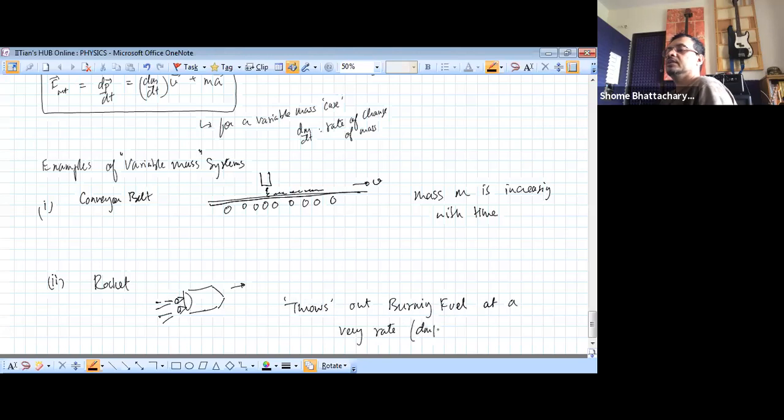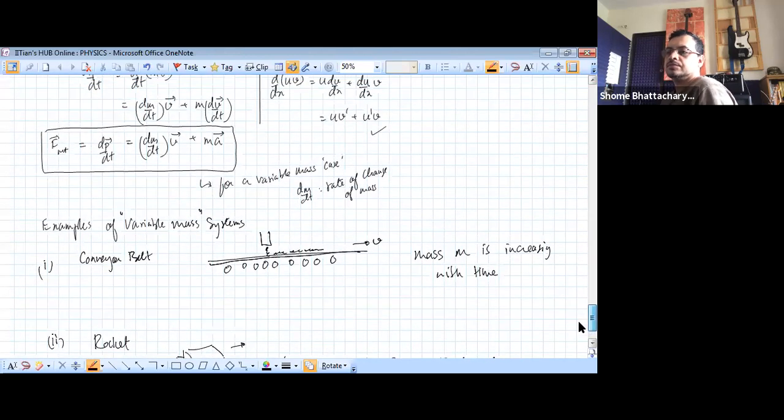So dm by dt is the rate at which mass of fuel is coming out. So many kgs per second or so many tons per second, something like that, is the unit.